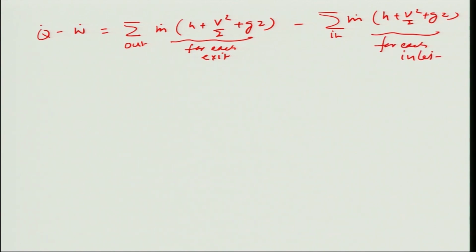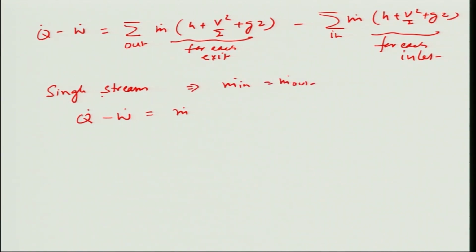Okay. Now you can consider a specific case here where we will consider only a single stream, because this is most common in operations, and in that case you can write Q dot minus W dot as simply m dot, considering single stream as well as steady state, which essentially means your m in is your m out.